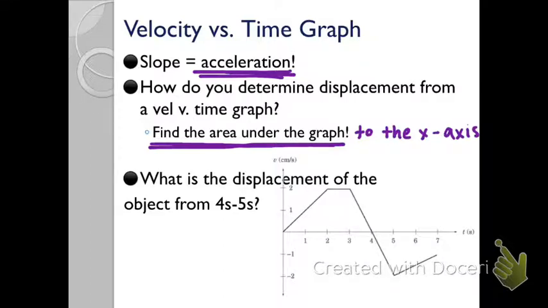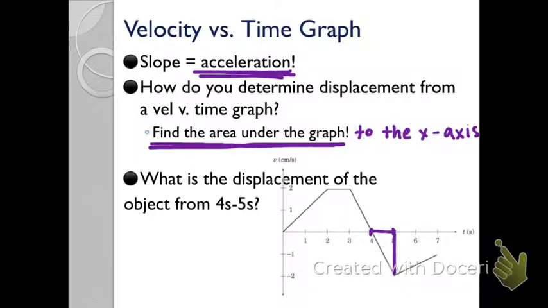From 4 to 5 seconds, for example, here's 4 seconds, here's 5 seconds. I'm going to complete that shape, whatever shape it is. In this case, it's a triangle. Do you know how to find the area of a triangle? Length times width divided by 2.